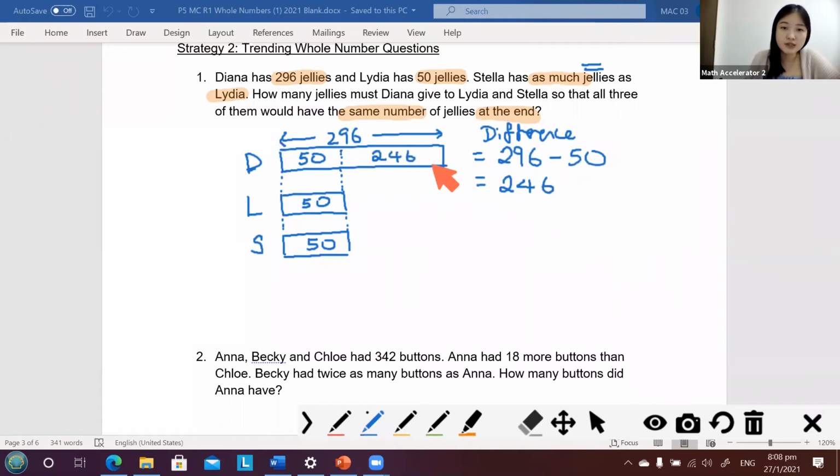So this difference, Diana must give a certain number of jellies to Lydia and Stella so that they have the equal amount. So do I divide 246 into 2 or do I divide it into 3? What do you think? Can you type in the chat?